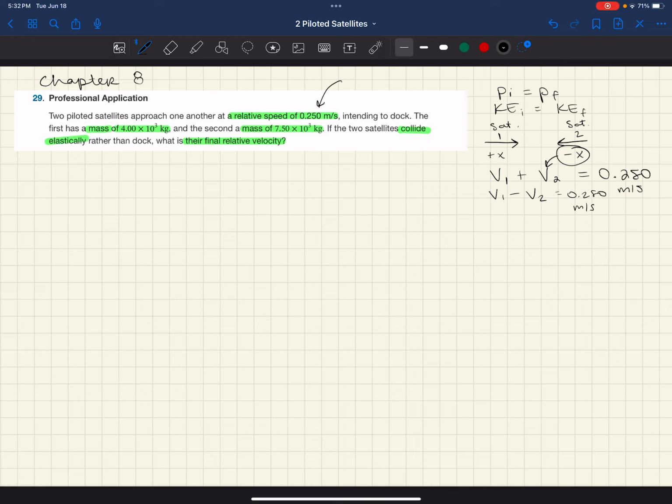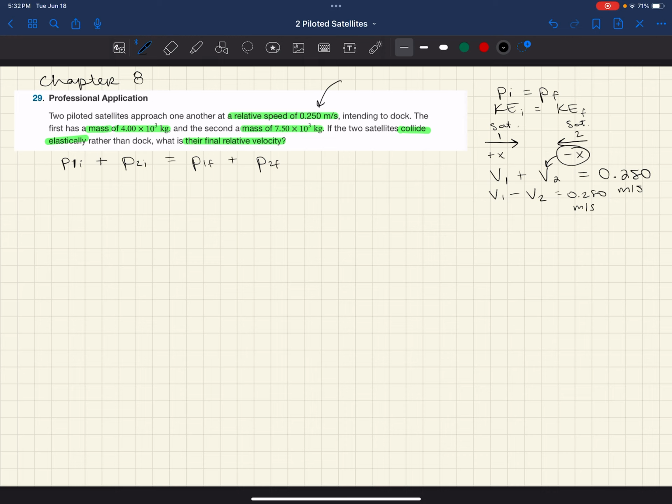Let's start by writing out the conservation of momentum. Okay, so we have P initial, and that's going to be of the first satellite initially, plus the momentum of satellite 2 initially, is going to equal the momentum of satellite 1 at the end, plus the momentum of satellite 2 at the end.